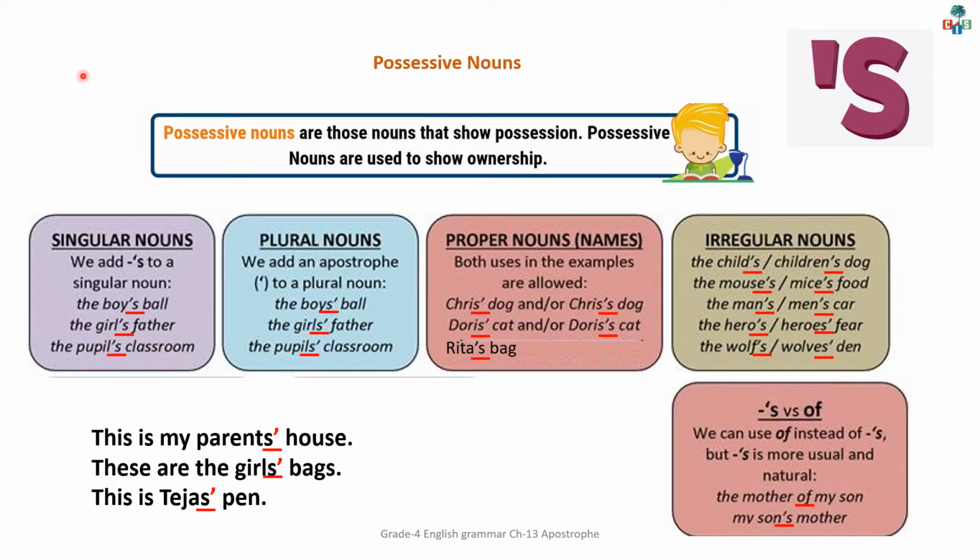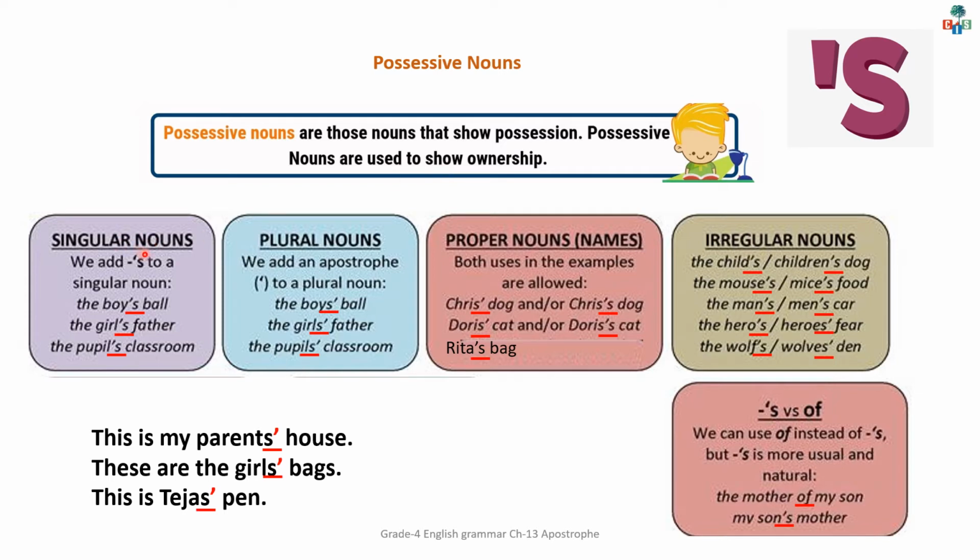Okay children, now let's see the uses of apostrophe mark with possessive nouns. What are possessive nouns? Possessive nouns are those nouns that show possession. Possessive nouns are used to show ownership. Means something belongs to someone.